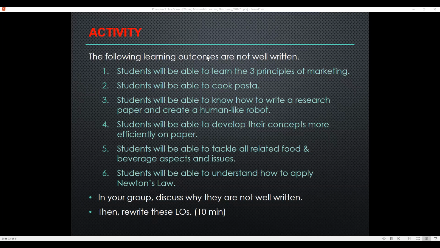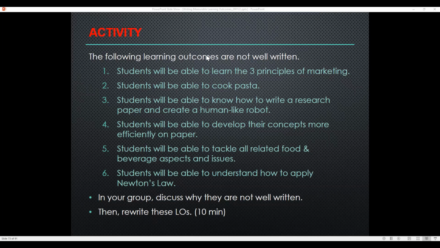If you have the word create there, I assume that it is to make a human-like robot. Or it's not about the research paper, we write about the human-like robot. To write about human-like robot and to create a human-like robot are two different things. Correct. So write a research paper related to human-like robot. Okay.